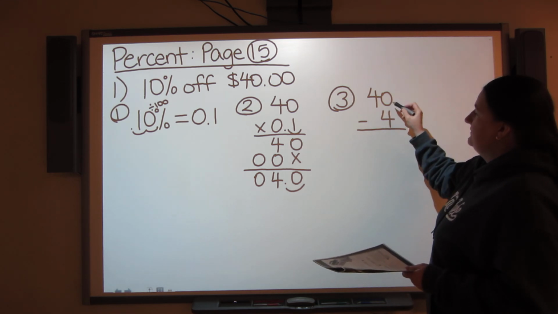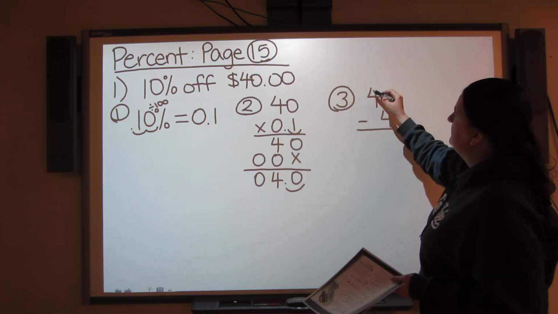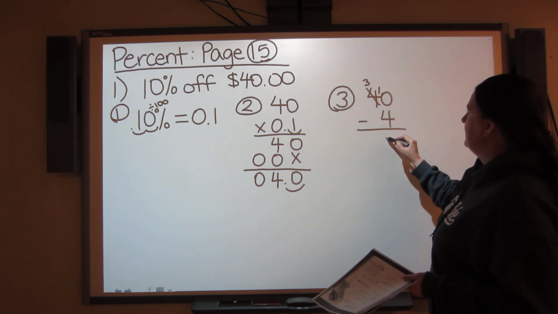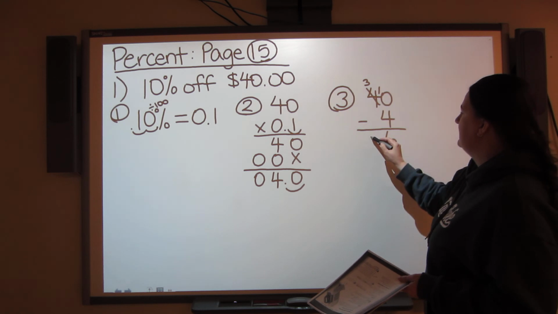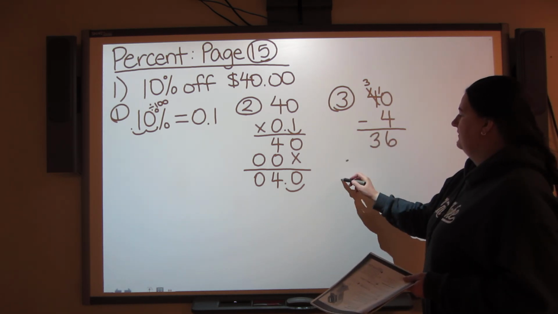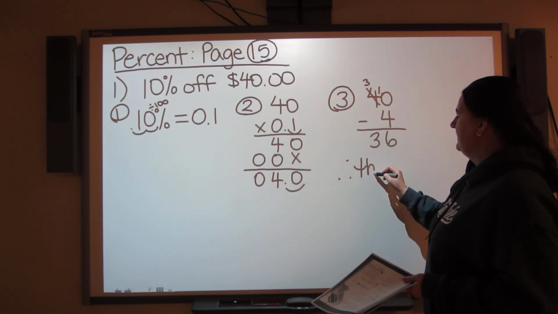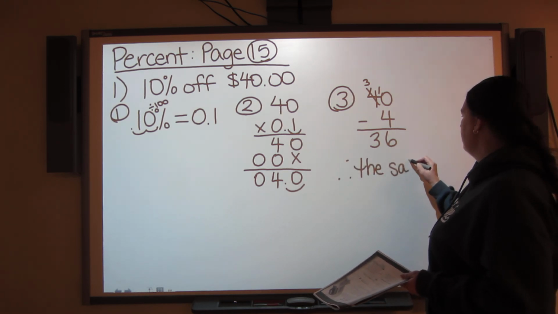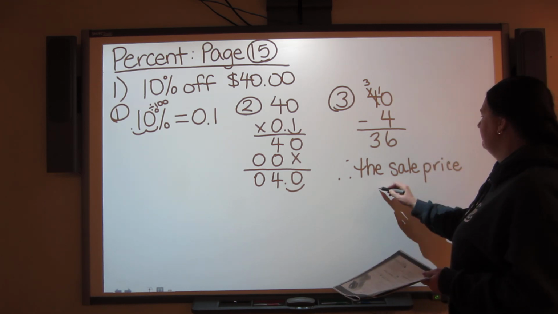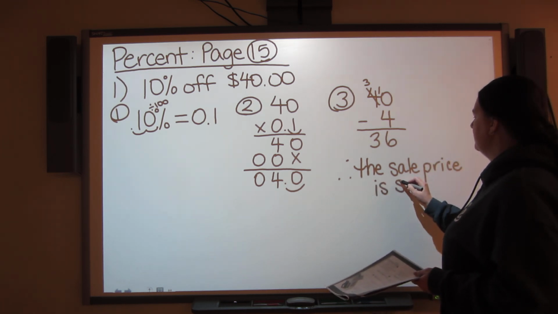4 from 0, I can't do that. I'm going to need to borrow. 10 minus 4 is 6. 3 minus nothing is 3. Therefore, the sale price is $36.